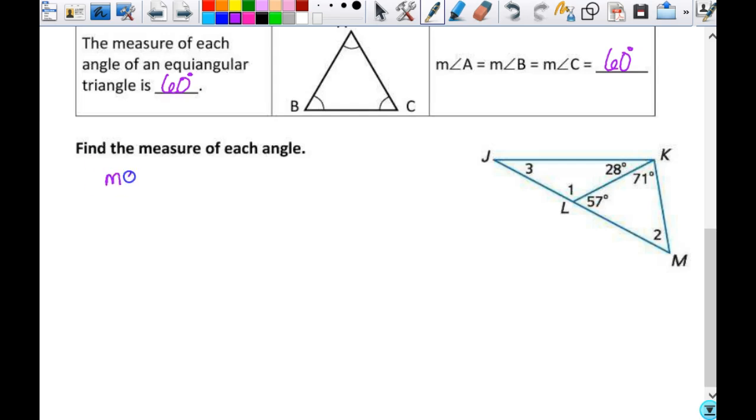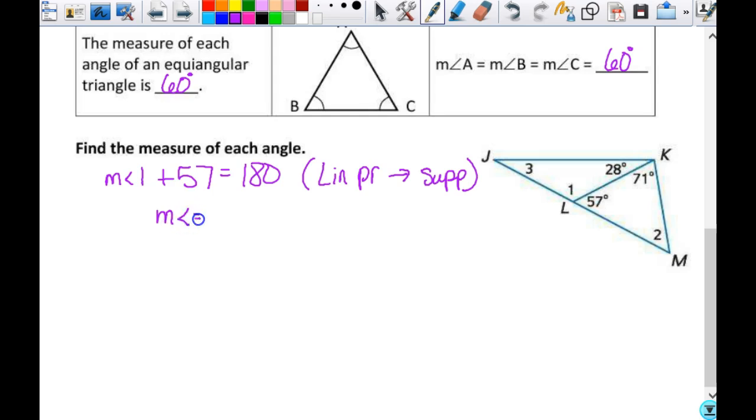So the measure of angle 1 plus 57 has to equal 180. We know we get to set that up because if they are a linear pair, then they are supplementary. So now, what's 180 minus 57? What is it? 123. Y'all agree with that?